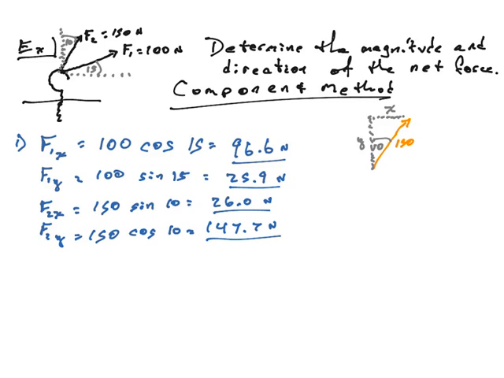All of the vectors in my problem have been broken up into components, in this case x and y components. Step 2 says, to get the resultant x component, add up each individual x component. So F1x, 96.6, plus F2x, 26.0, gives us 122.6 newtons.